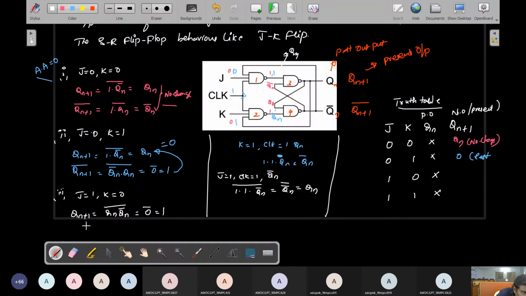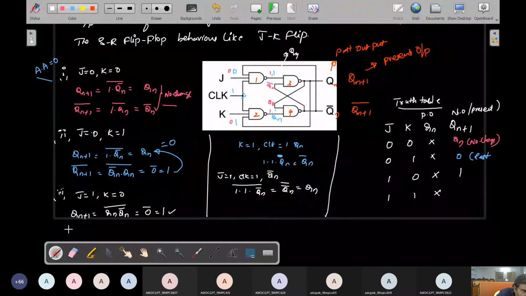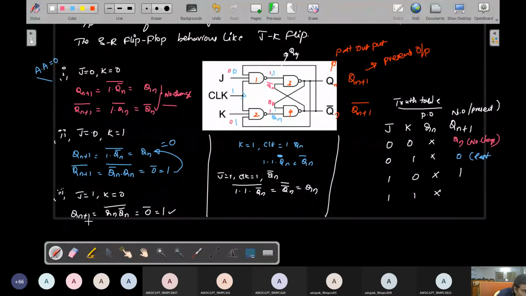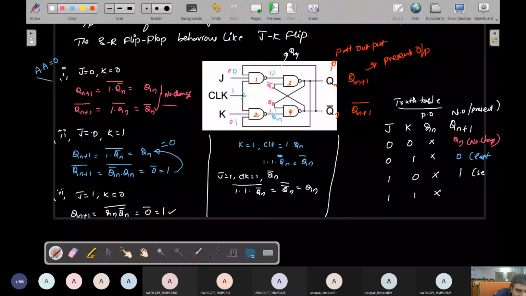You will get directly the normal port is 1. So please put that normal port is 1. No need to check the complementary port, because once you get the value of the normal port, you need not check the complementary port. So simply leave the complementary port, no problem.